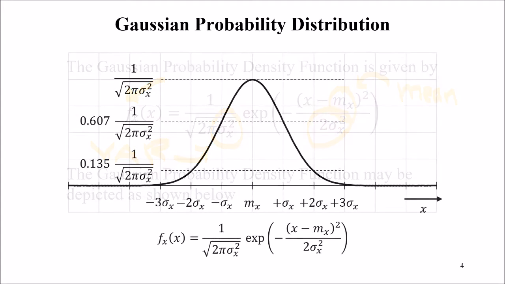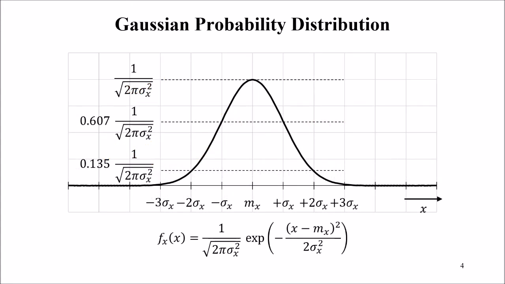The Gaussian probability distribution follows this familiar so-called bell-shaped curve. The mean value, m subscript x, falls right in the middle of the distribution. That's where the curve hits its highest point, and its width is determined by the value of the variance.